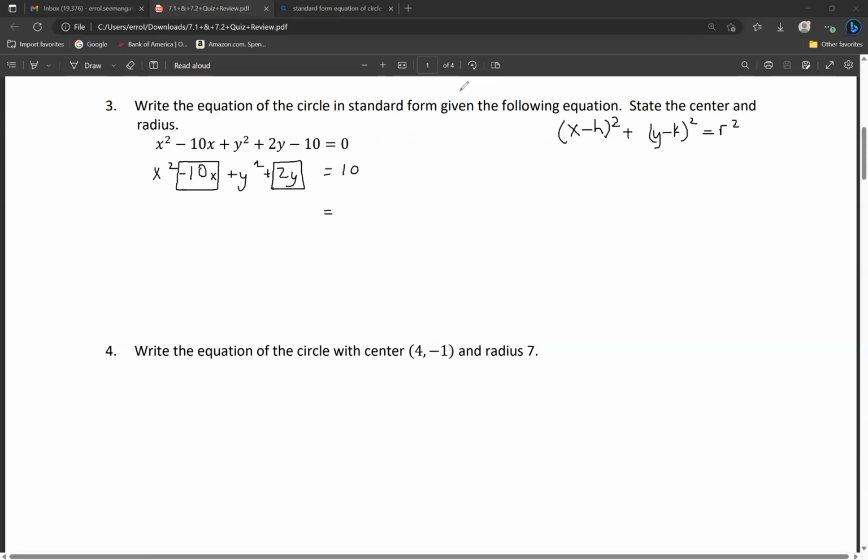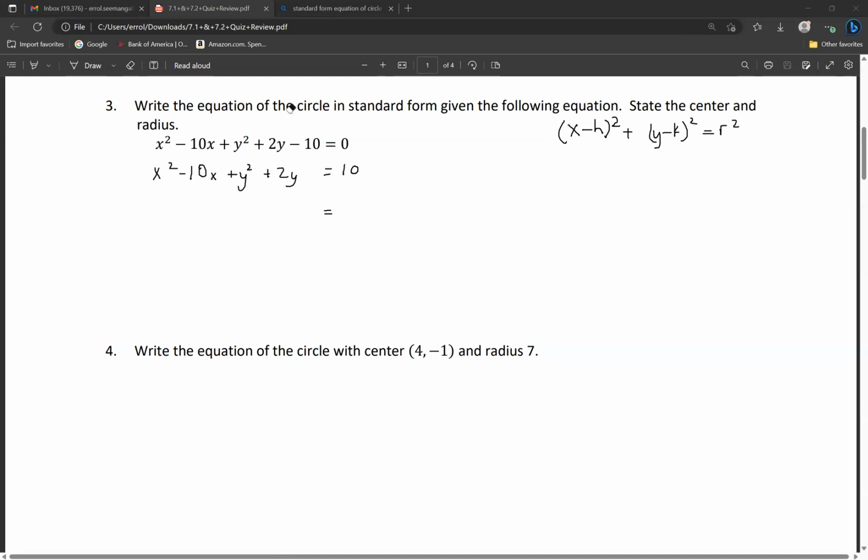Add them together? No, not add them together. Adding like terms is something else. There are no like terms here, anyway: this one's x squared, this one's x, this one's y squared, this one's y, and there's a number.